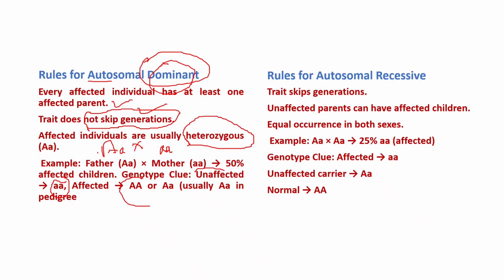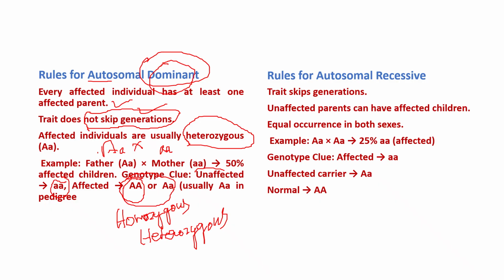Affected will be seen only in homozygous dominant or in heterozygous dominant. Right? So autosomal dominant means, how do you represent the genotypes? The genotype should be either dominant homozygous condition or dominant heterozygous condition.